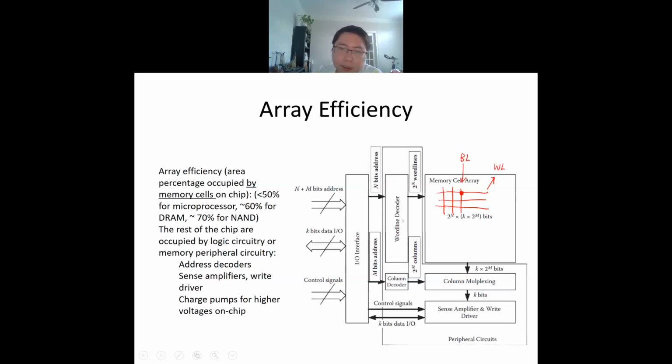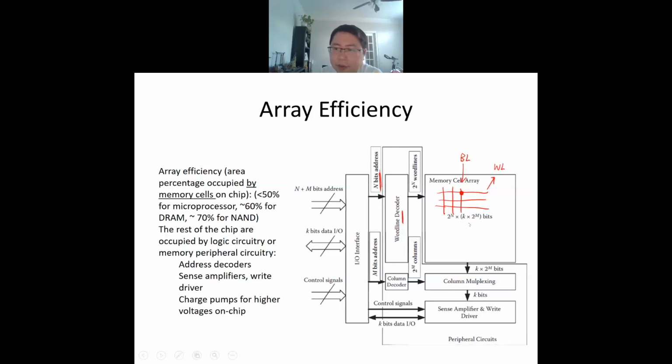And then here we will have those address bits to decode the location of the memory cell. Because you have a large array, you need to locate where your memory cell is. Here we can have, for example, n bits for the row address. Then you need to use this decoder to decode the address.